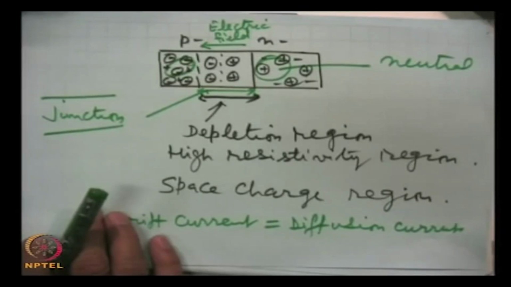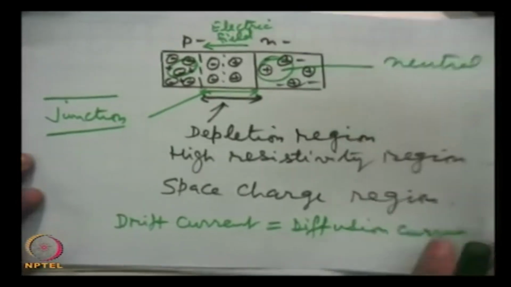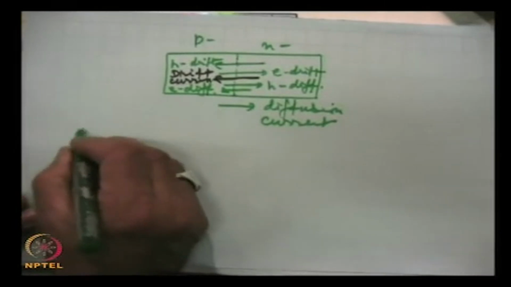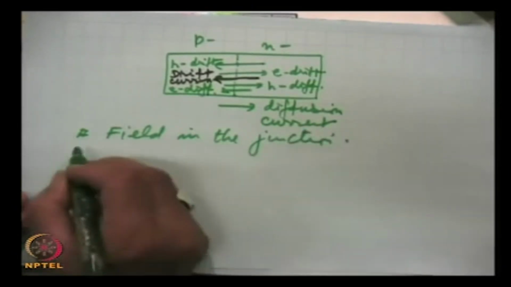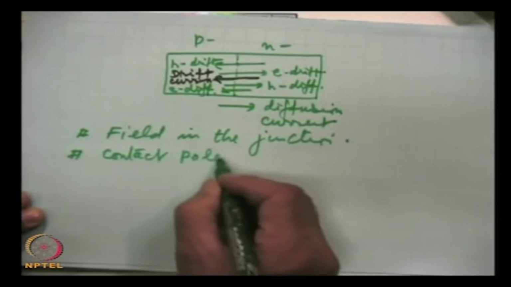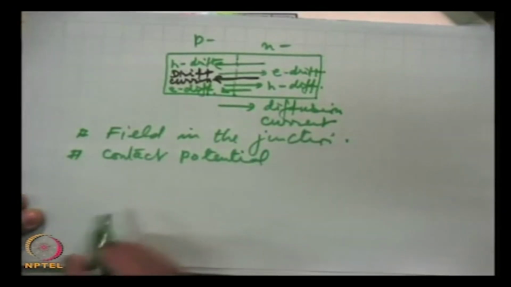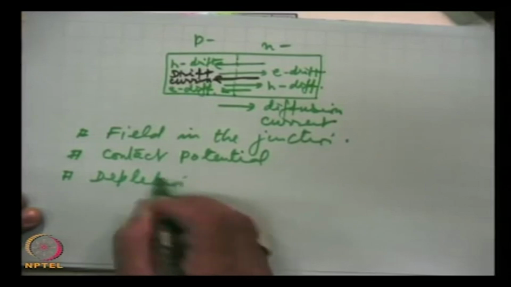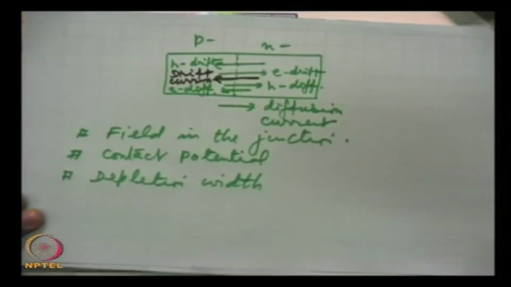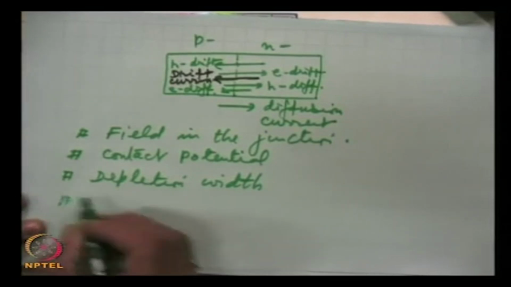Now, the properties associated with the junction are the field in the junction, contact potential, depletion width, and junction capacitance.